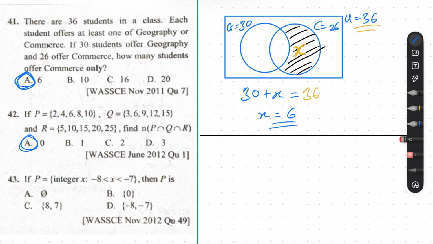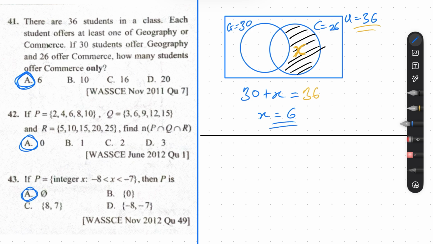Now tell me which value is an integer and is between negative 8 and negative 7. Think about it. Absolutely no element, right? So no element in this set. So that means our P will be an empty set. An empty set, which is A.